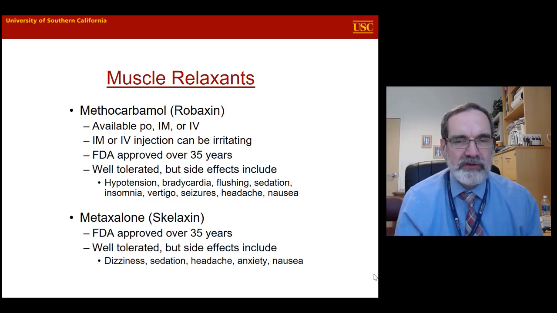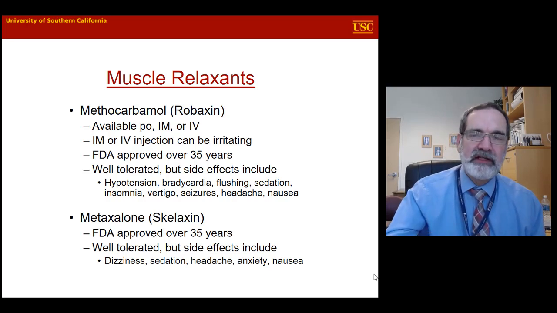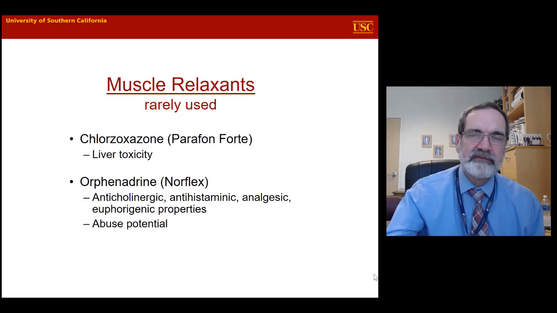The same is true for metaxalone, which is Skelaxin, and it too has been around a long time, generally well tolerated, but with a bunch of potential side effects.